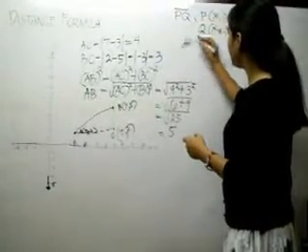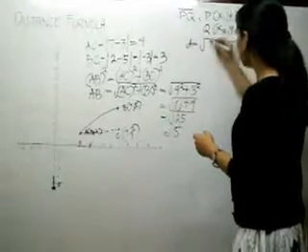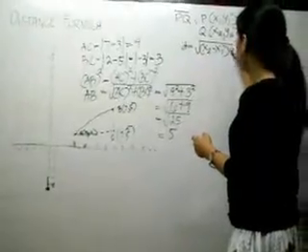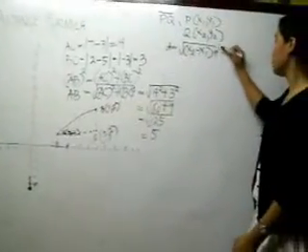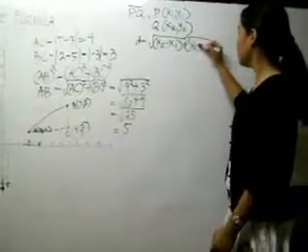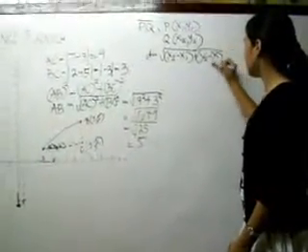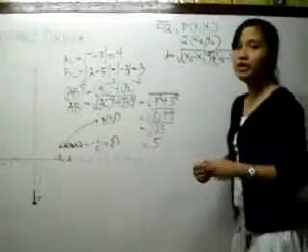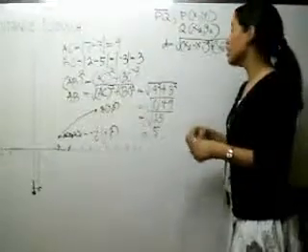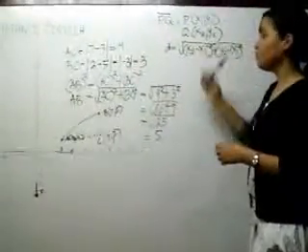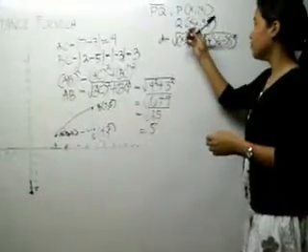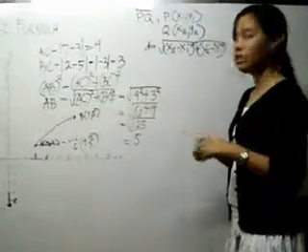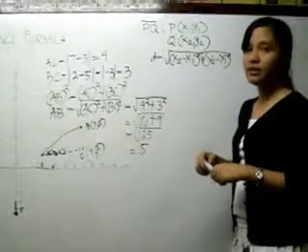The distance is equal to the square root of x sub 2 minus x sub 1, squared, plus y sub 2 minus y sub 1, squared. Remember that in dealing with distance, you don't have to worry whether you consider this as x sub 2 and this as x sub 1, since distance is dealing with measurement.